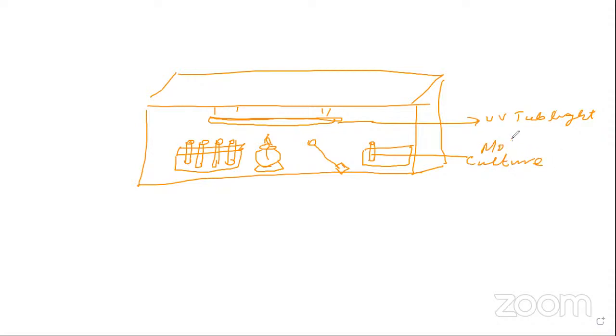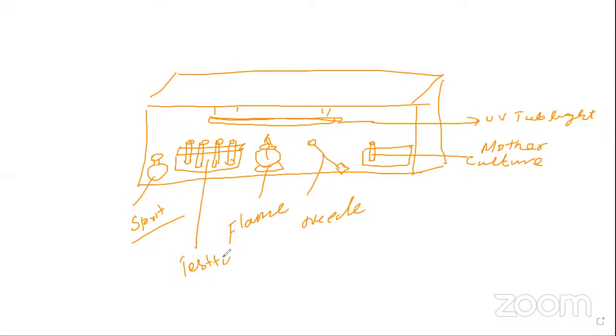And also there is a matchbox, gloves, and a small bottle containing spirit for the washing process. This is called the needle. This is the flame. This is the test tube. This one is called the mother culture.